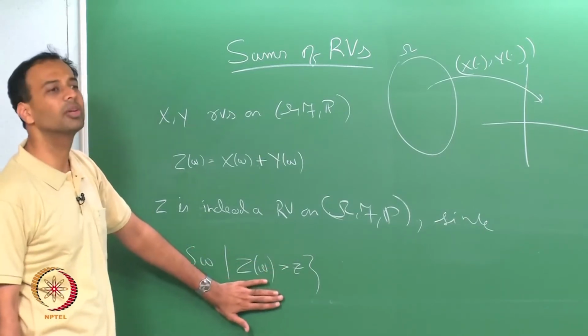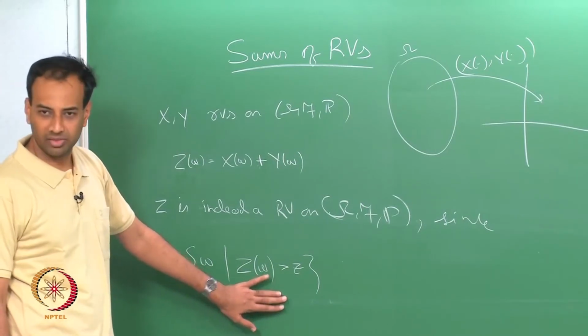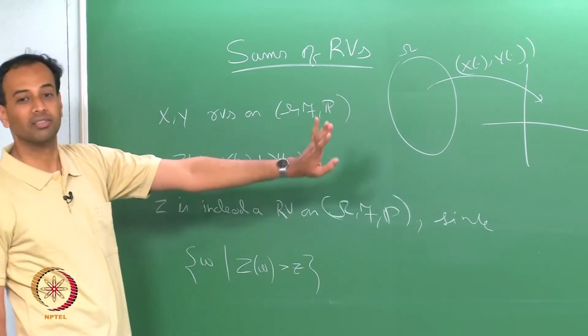If I show this is an F measurable set, z is indeed a random variable. I only know that x and y are random variables, correct.